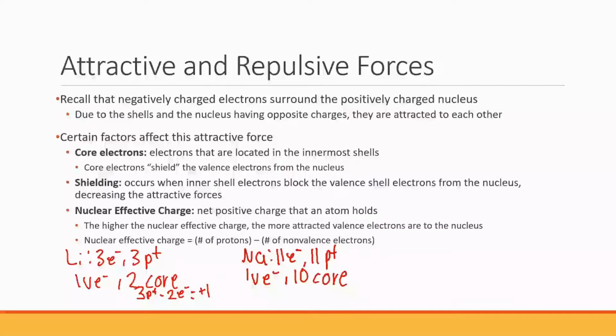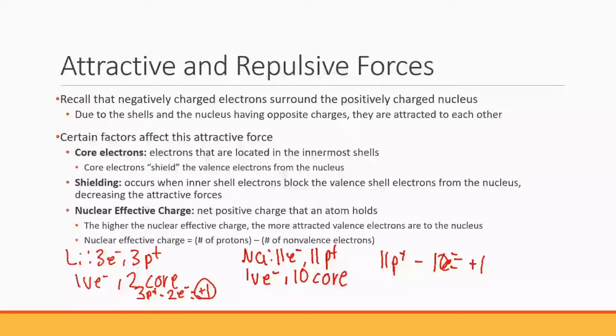If you look at the number of protons that sodium has, you'd think that it has a higher nuclear effective charge. However, when you plug it into this formula, you'll see that sodium has 11 protons minus the 10 core electrons to give it a nuclear effective charge of +1.